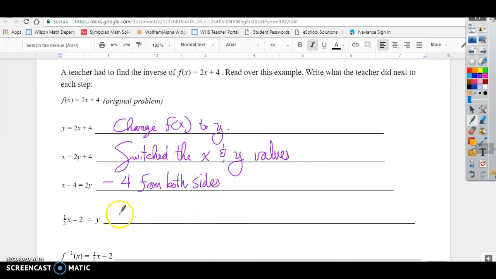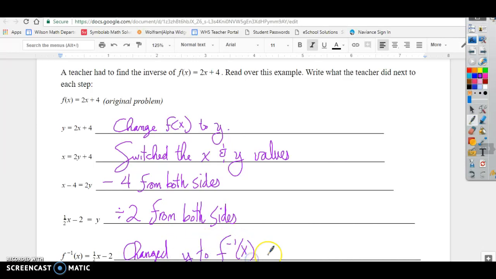And then they look like they divided by 2 from both sides. Okay? And the last thing they do is they changed y to f to the -1 of x.